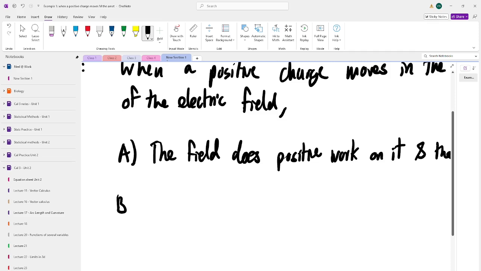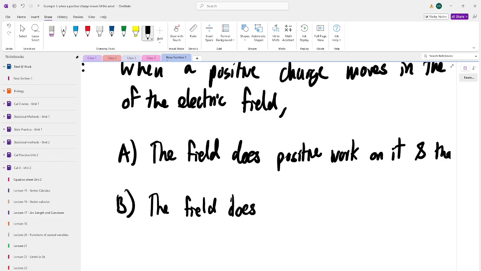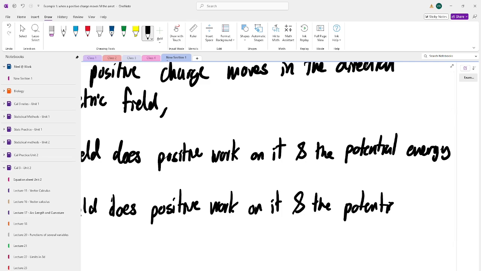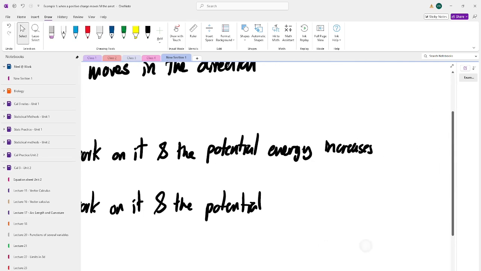Option B is the field does positive work and the potential energy decreases.